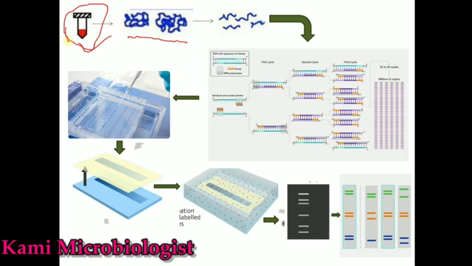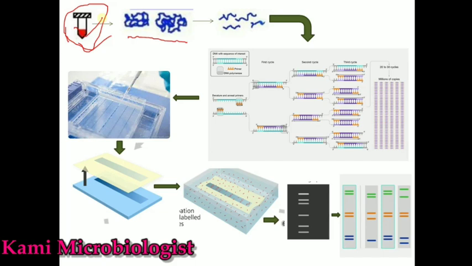Once we get the DNA, as we cannot see it, we have to centrifuge the tube. Once we centrifuge it, we get two layers. One layer is called the supernatant, and the other layer is called the pellet. The pellet mostly contains the heavy particles, whereas the supernatant contains the lighter particles.